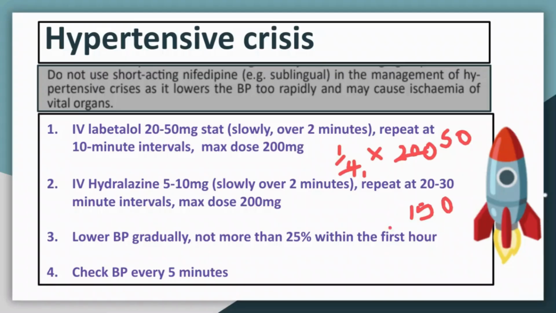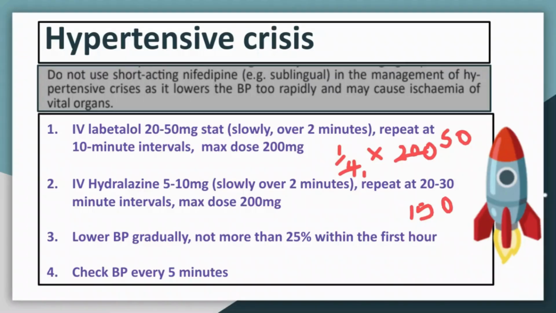So we don't want the patient's BP to go below 150 in the first hour. So that first hour is where you do the slow dip. The first hour when the patient presents is when you do the slow dip by not more than 25%. So you just calculate 1/4 of whatever BP the patient comes with.